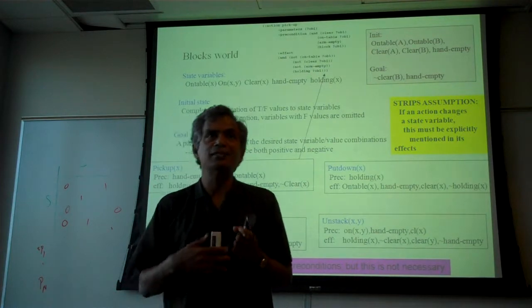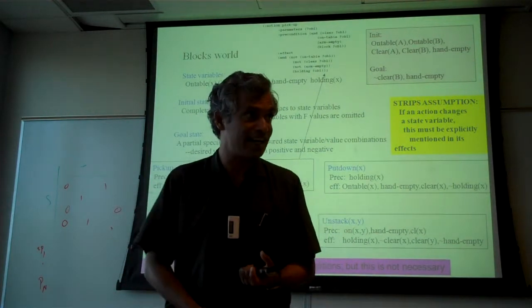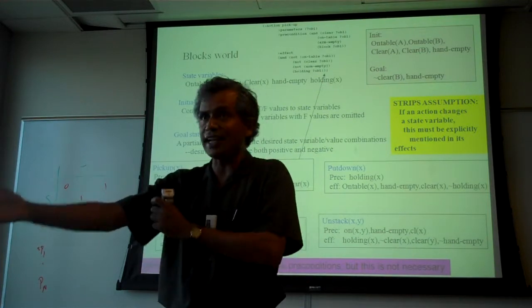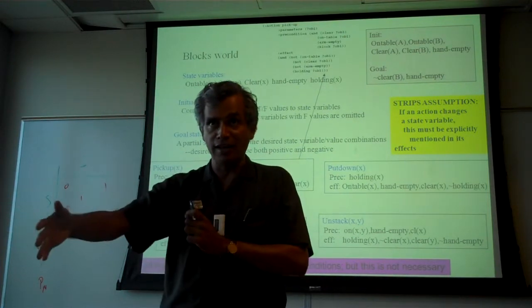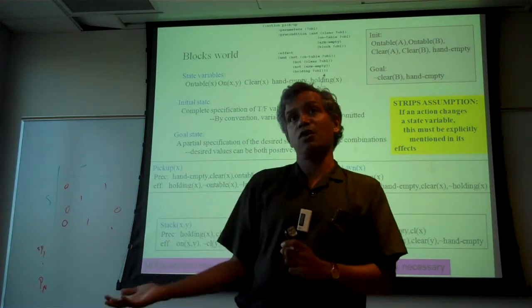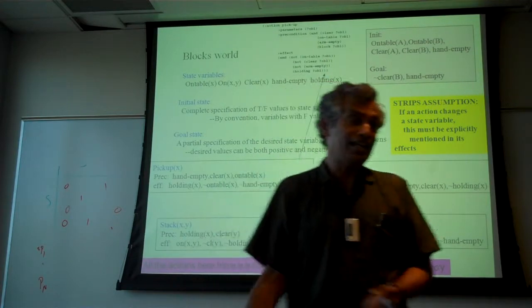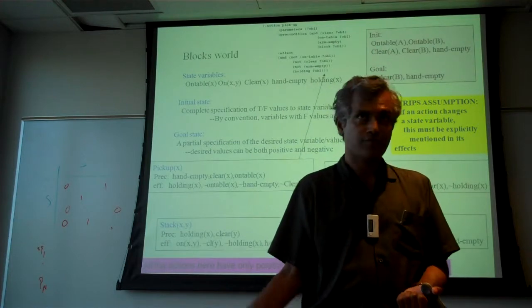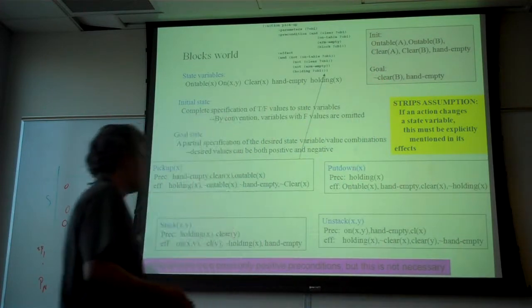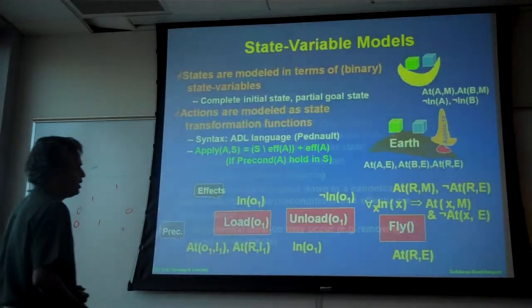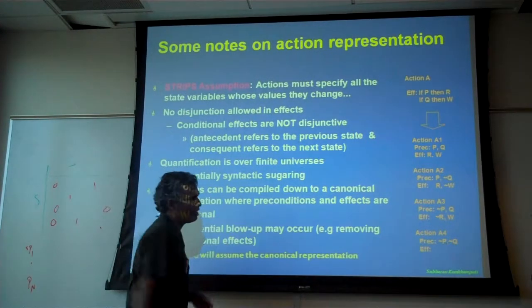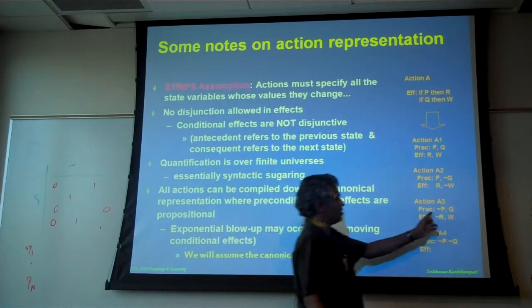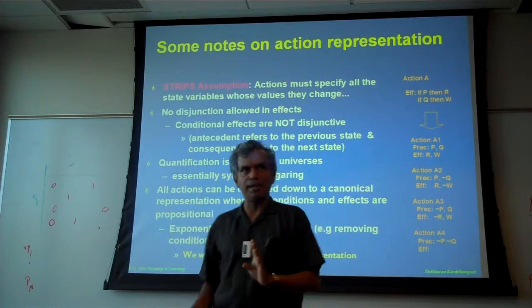Okay, and then some planners may not be handling conditional effects directly. So if you throw in conditional effects in the domain model, then if the planner doesn't know how to support that feature, then there should be a preprocessor which converts it into non-conditional effect version. Okay, and since we know that everything can be compiled out into the canonical representation with both positive and negative preconditions.